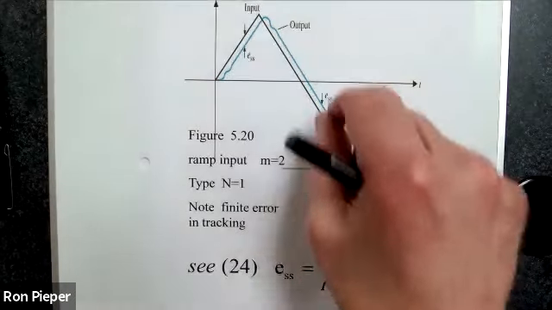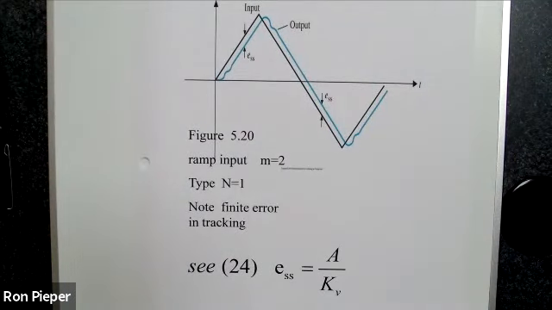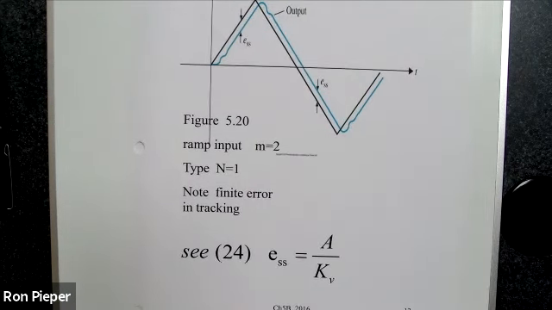So eventually it reaches a finite error and stays that way until you get another transition on the input. Any questions so far?